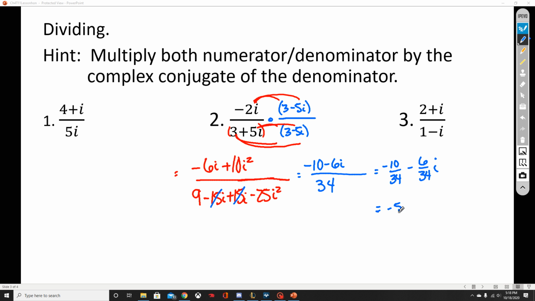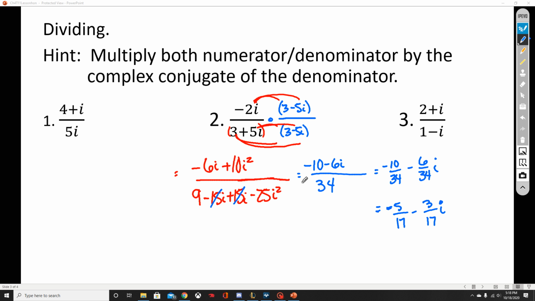So 2 goes into 10 5 times, and 2 goes into 34 17 times. And same thing for the other one, 2 goes into 6 3 times, and 17 times, and i.